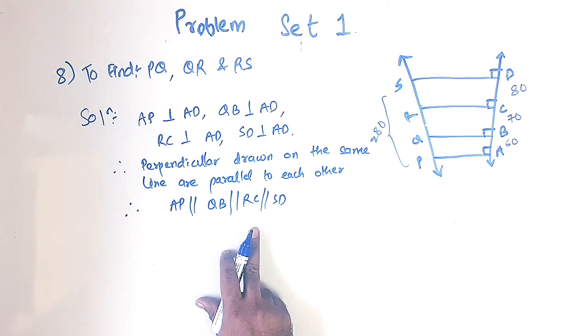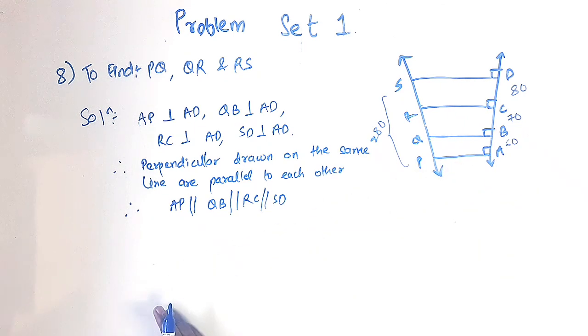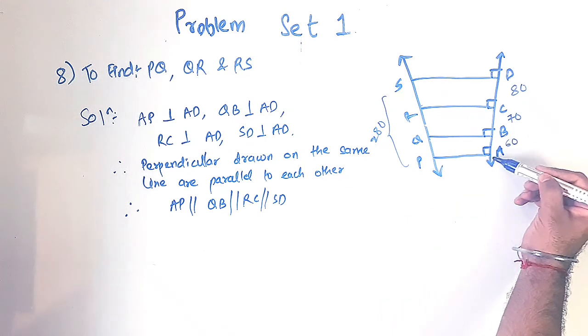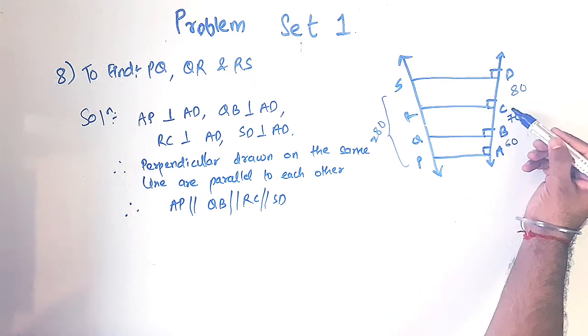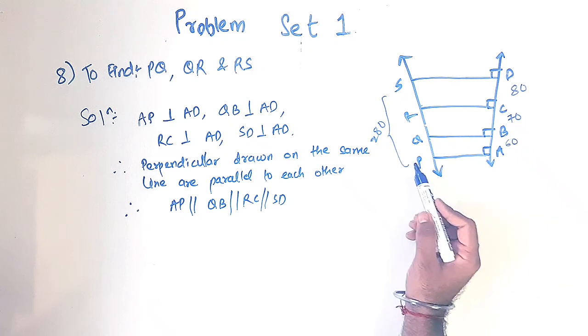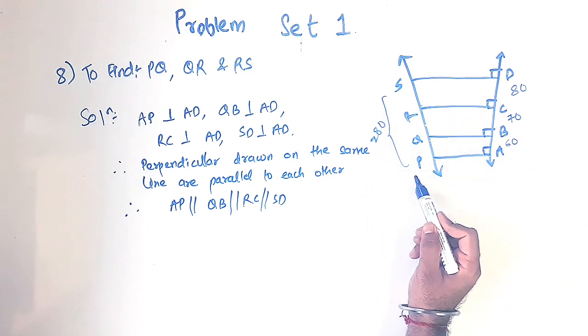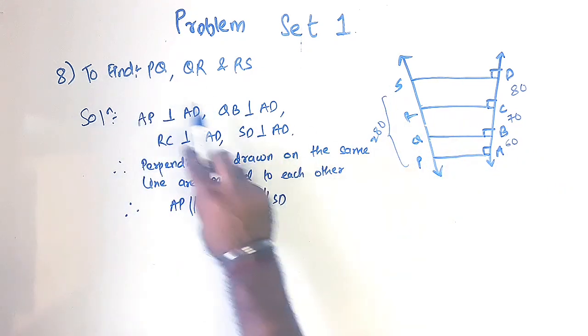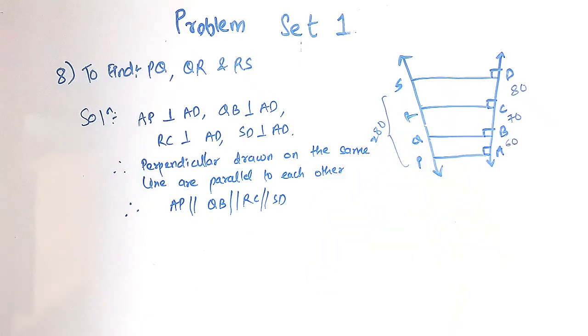Now you remember the property of 3 parallel lines. Here see AB is given, BC is given, CD is given, and PS is given, 280. We are asked to find PQ, QR and RS.